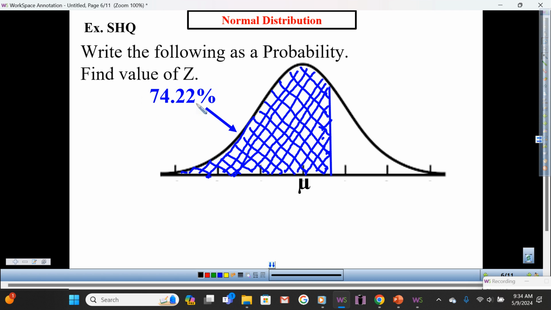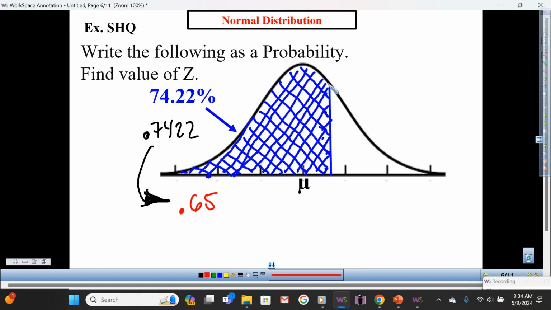Yes, he said to change to a decimal, which is 0.7422. Then we looked through the chart, and this became what? Diego? 0.65.